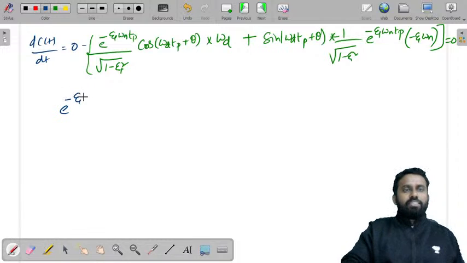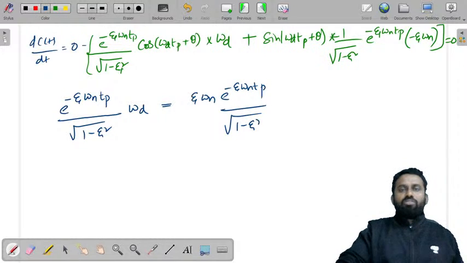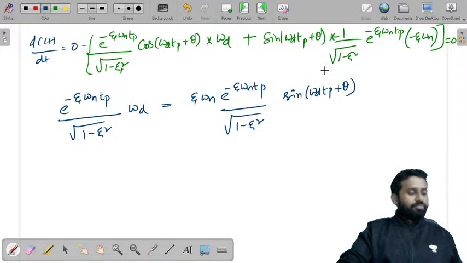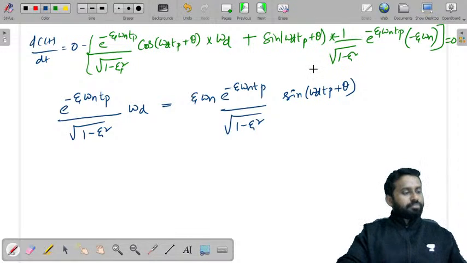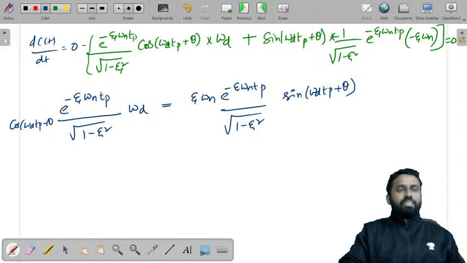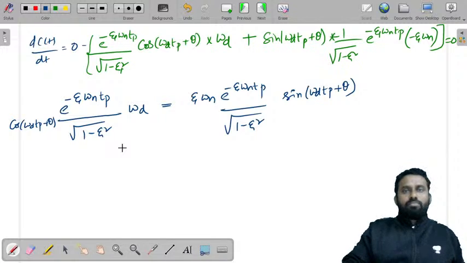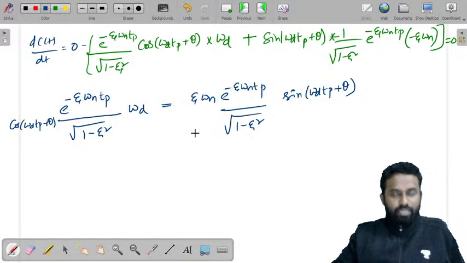So I'll write this as e power minus zeta omega n tp by under root of 1 minus zeta square omega d cos of omega d tp plus theta is equal to zeta omega n e power minus zeta omega n tp by under root of 1 minus zeta square sin of omega d tp plus theta. Right, you can differentiate this and equate it to 0.